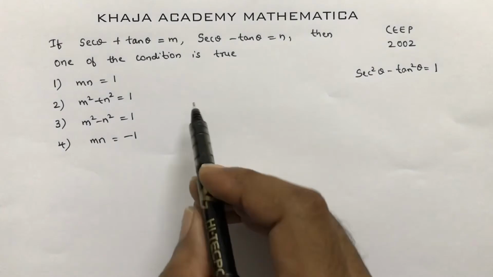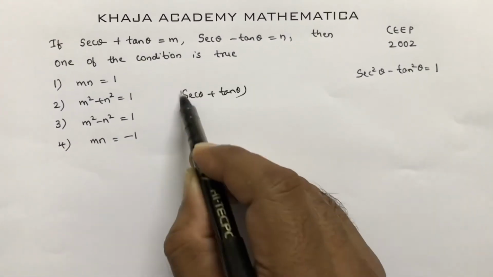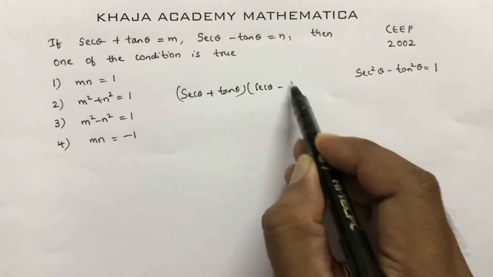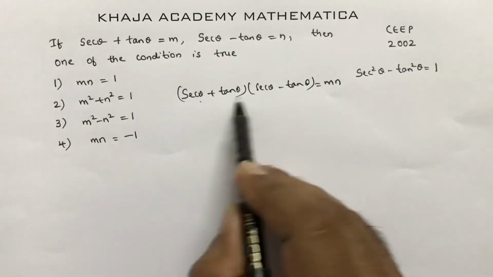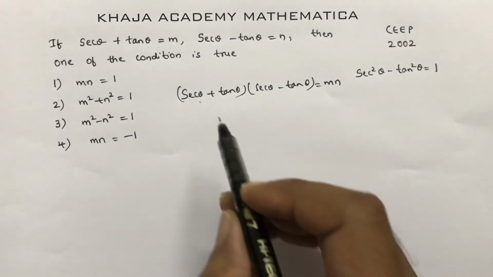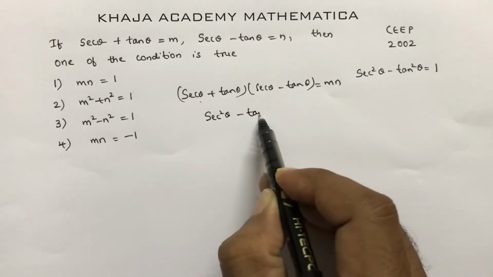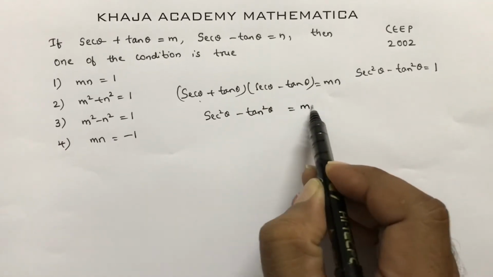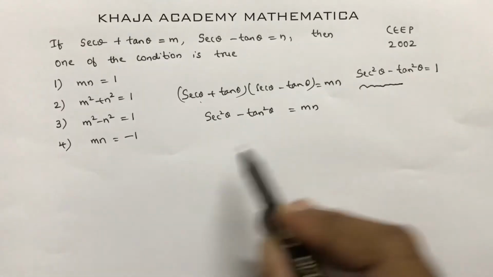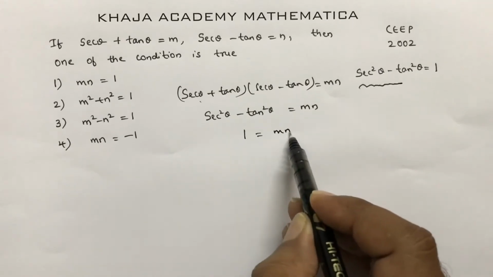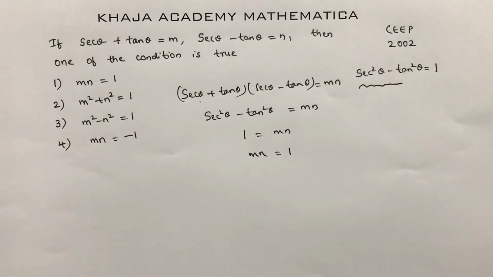So if I multiply these two, sec theta plus tan theta into sec theta minus tan theta equals m into n. So a plus b into a minus b is a square minus b square equals m n. But sec square theta minus tan square theta value is 1. So 1 equals m n. So m n equals 1. So the correct option is 1.